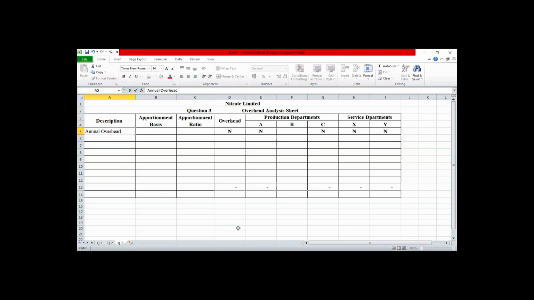Annual overhead. We don't have a basis of apportionment for that. They've shared it already. Under the apportionment ratio, we don't have anything.